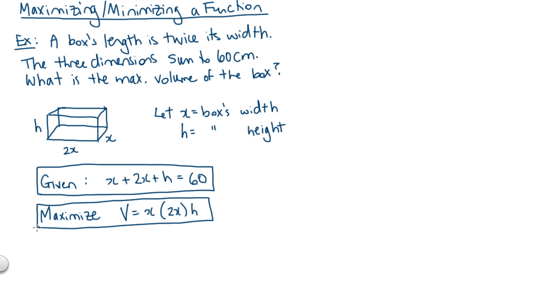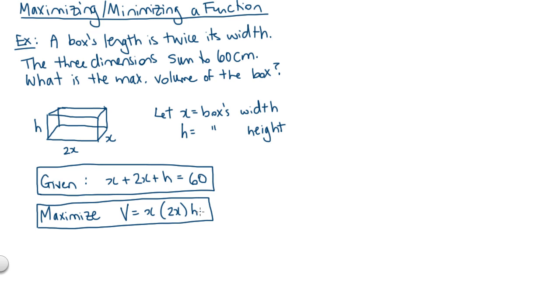Okay, and that way we have now incorporated all the information given in the question. So generally when we're maximizing or minimizing a function, this is how the question starts out. You've got one piece of given information and you've got a quantity, a function that you are trying to maximize or minimize.